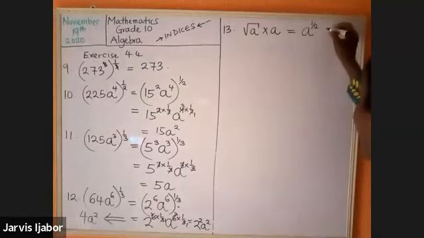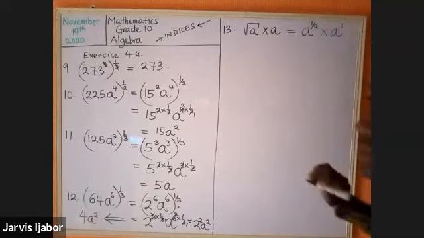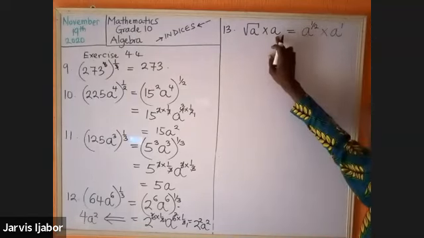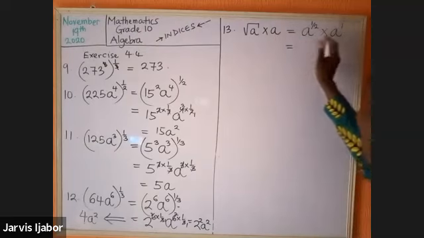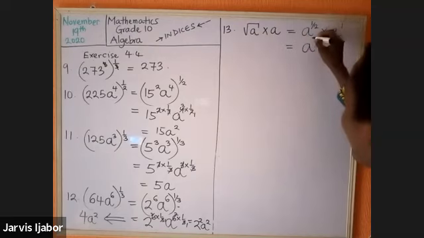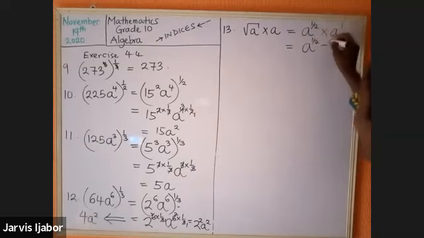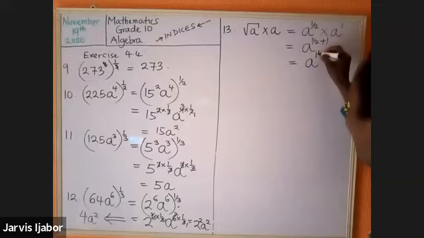So this will be that times what? A to the power of 1, because A essentially is A to the power of 1. So this will give us what? Because we are multiplying, we'll do what to their indices? We're adding them. So this will be A half plus 1. And that will give me A 1 over 2.